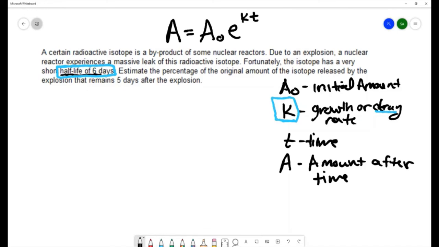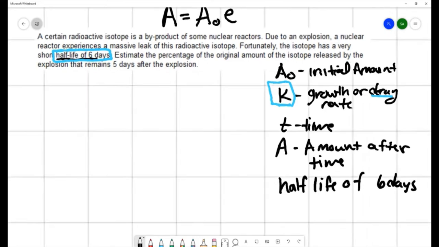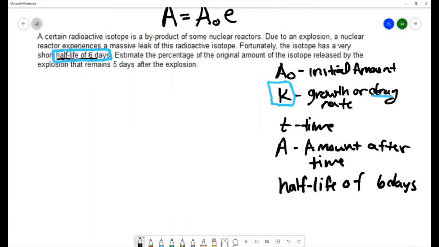If there is a half-life of 6 days, that tells me that the amount of that isotope will become half of whatever it started with, hence the word half-life, after 6 days.